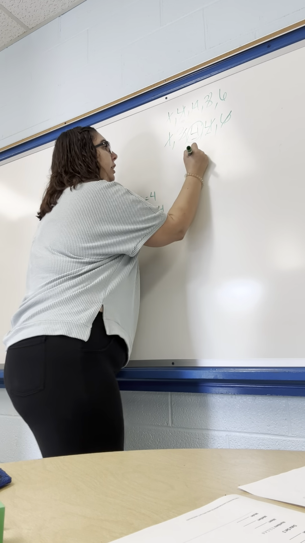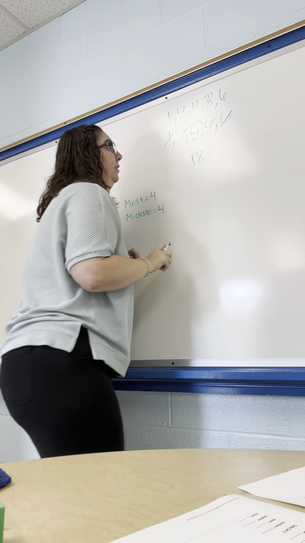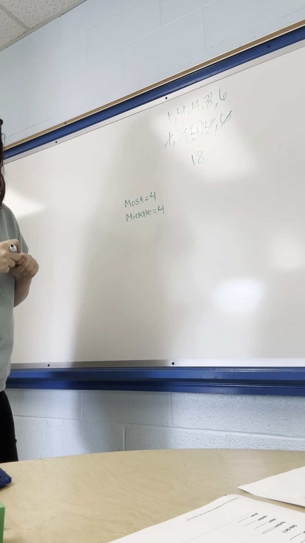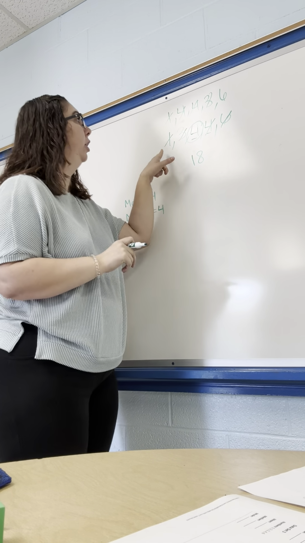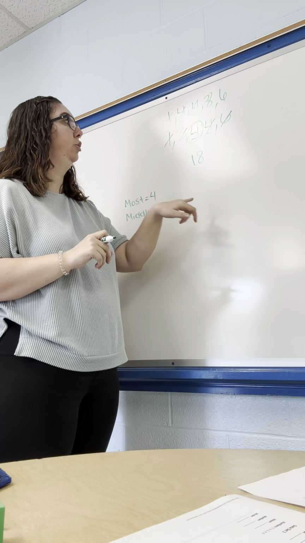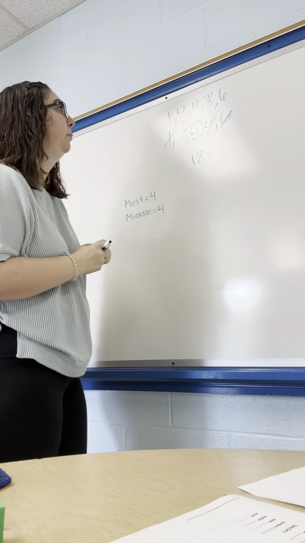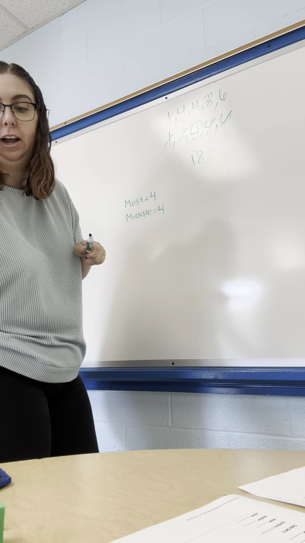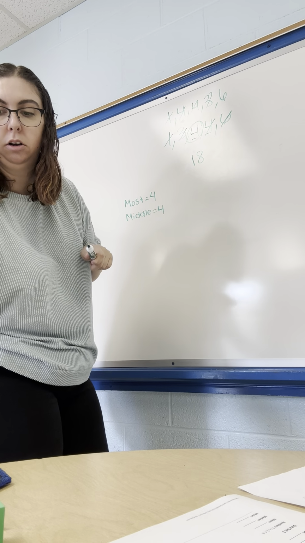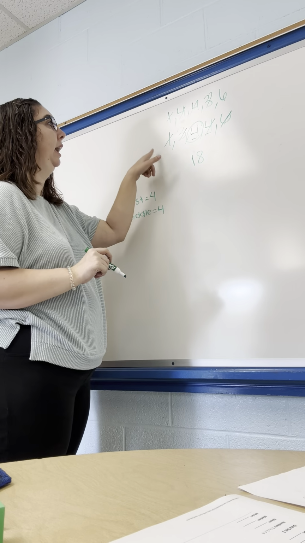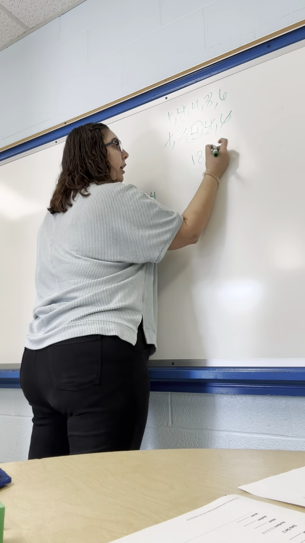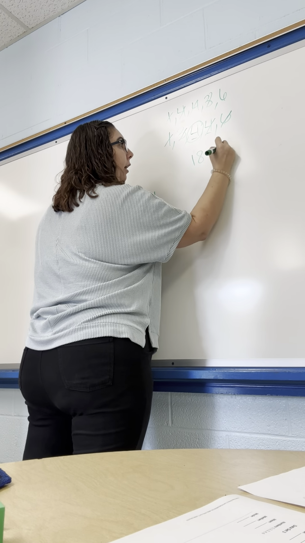All right, so our answer is 18. All right, so how many numbers did we add together to get 18? Right, we added 5 numbers together. So we need to divide 18 divided by 5.